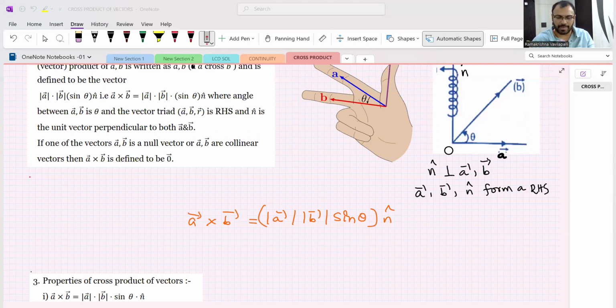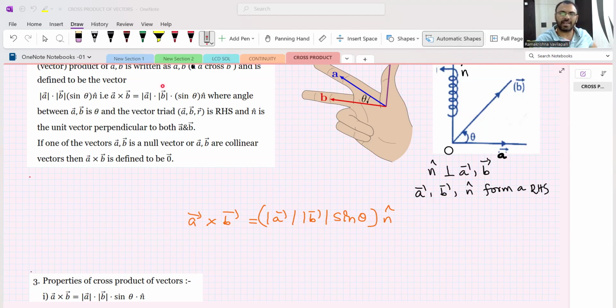Once again, I'll explain: this is the A bar vector and this is the B bar vector, and this is perpendicular to A bar and B bar. Now we are going to explore the possible deductions from this definition of the cross product of two vectors.